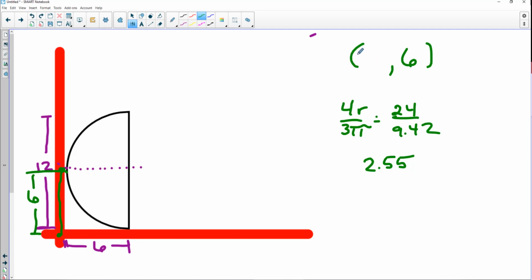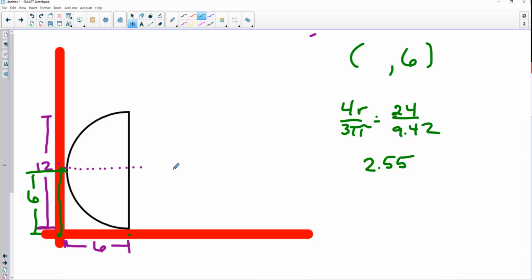No. What you need to do is start at the base of your semicircle, and along the x-axis go 2.55 towards the shape, not away from the shape, because your center of gravity can't be out here. It can't be off the shape. Your body's center of gravity is not like 4 feet away from you.